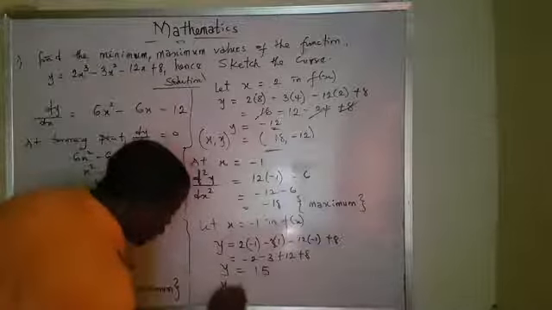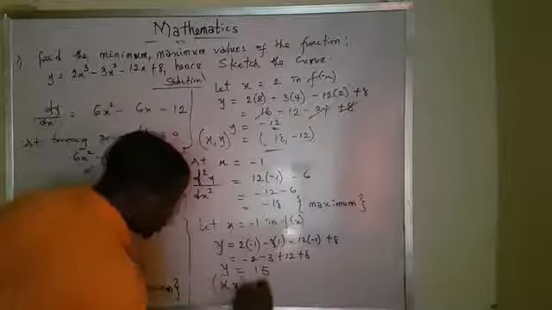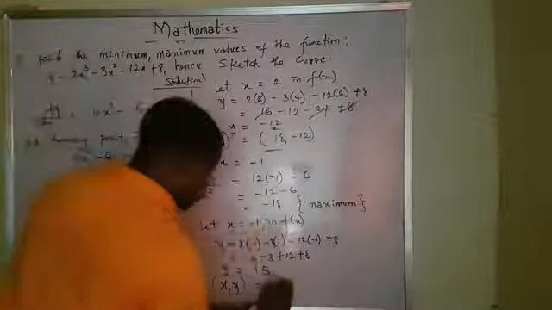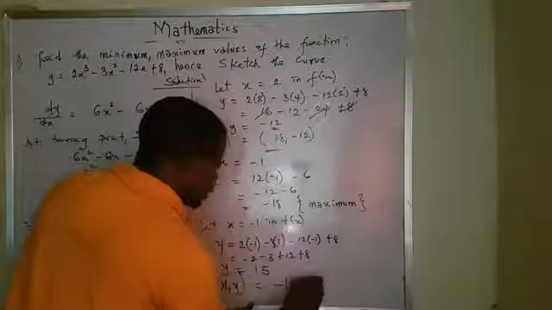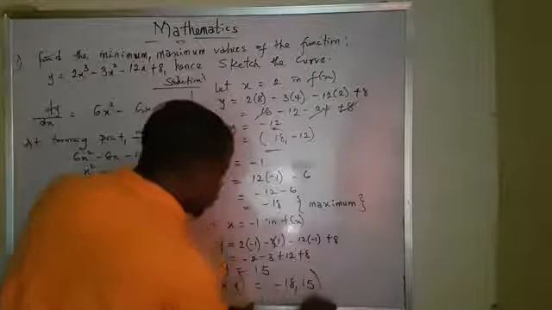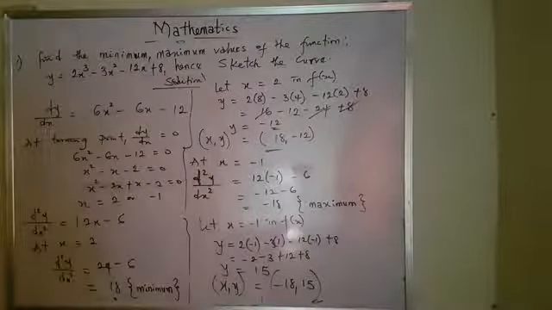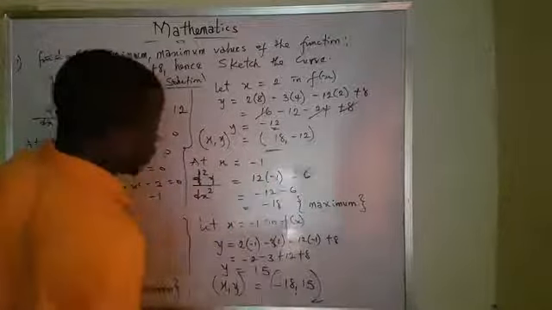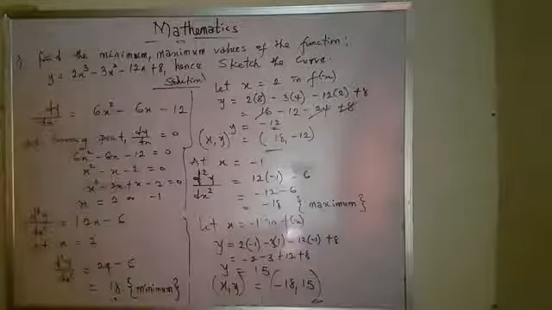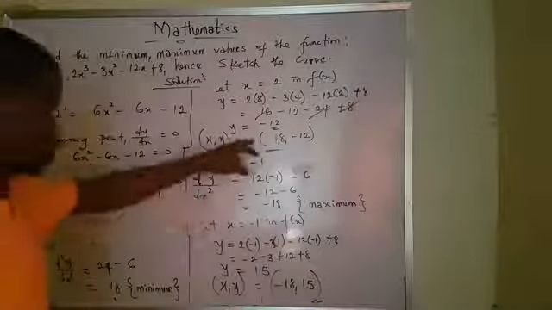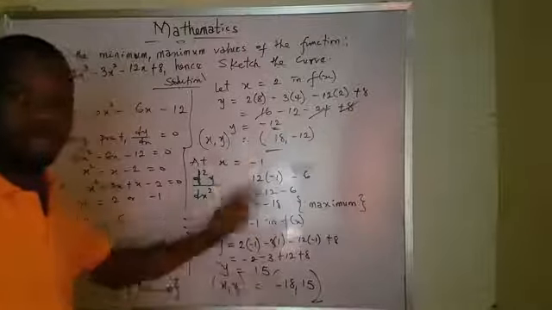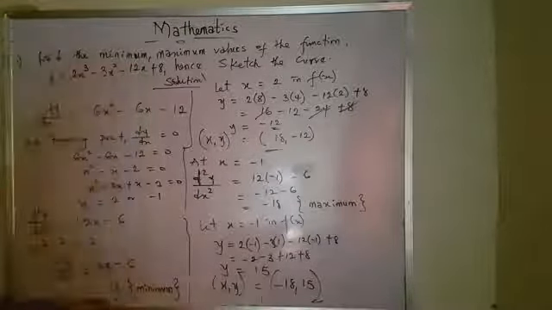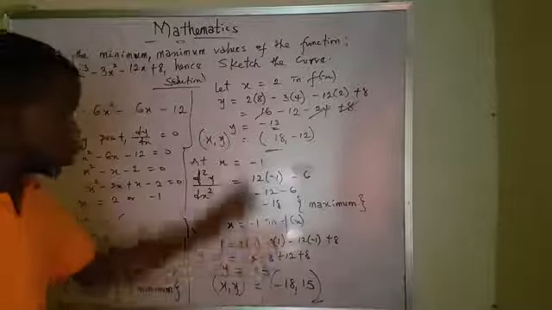So the coordinates x, y can be equal to what? Minus 18, then we have 15. Do you get that? So these are the two coordinates that we have. Are you getting this? So this is what we are supposed to sketch. Do you understand? We've gotten the minimum and maximum values. Now what we have to sketch is these two.